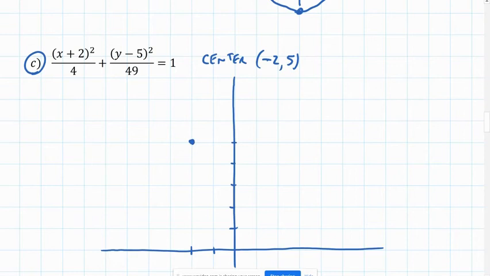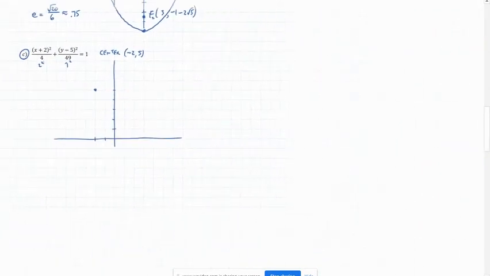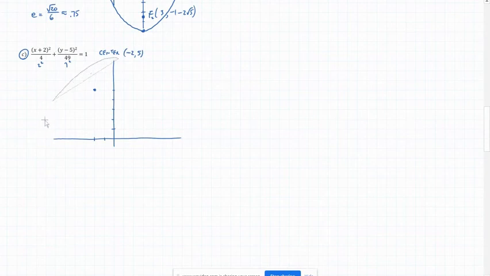We're going to go 7 units in the y direction, because this is 7 squared, 2 units in the x direction. And so I'm going to need a lot more space here. So I'm going to move this down.